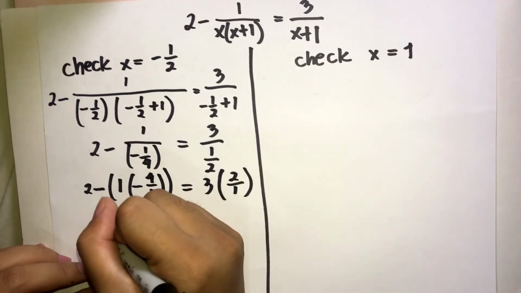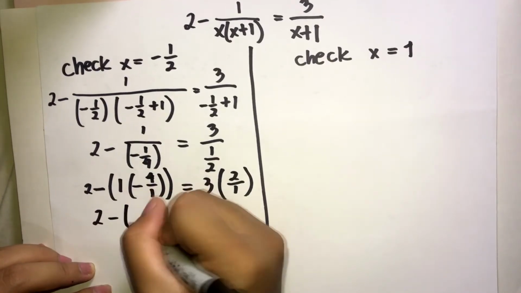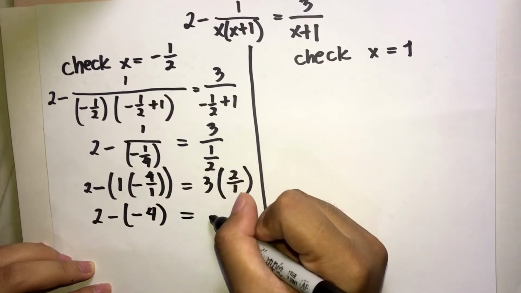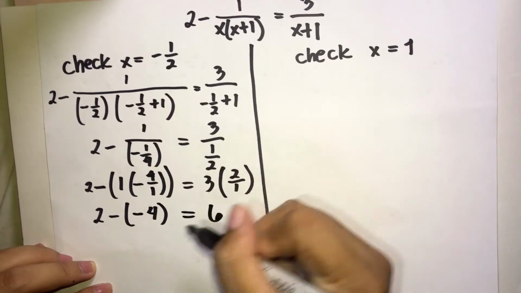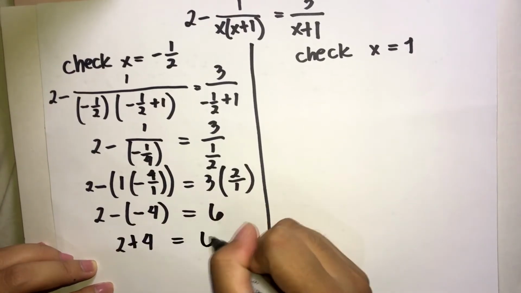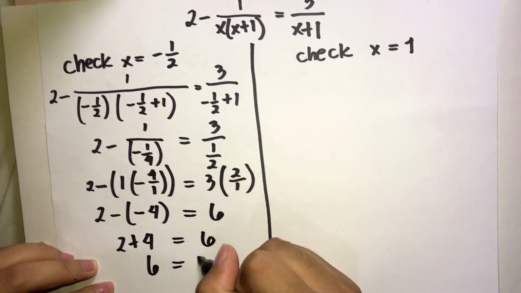The answer for this would be 2 minus negative 4 is equal to 6. Negative times negative is equal to positive, so it would be 2 plus 4 is equal to 6. 6 is equal to 6, so the equation is true. Negative 1/2 is the answer to our equation.